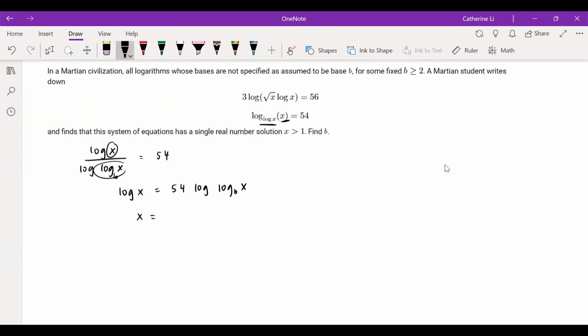So then we can just express x in terms of the numbers that we have here. So x is going to be equal to log base b of x to the 54th, since we're taking this up into an exponent and then getting rid of the logs.